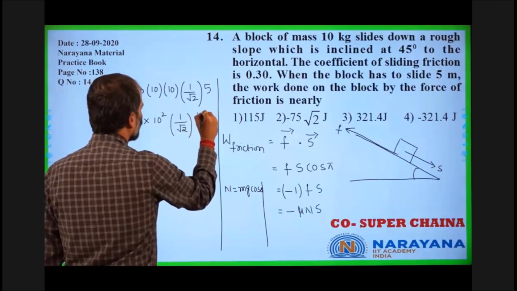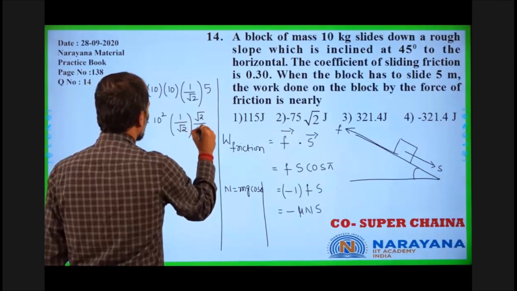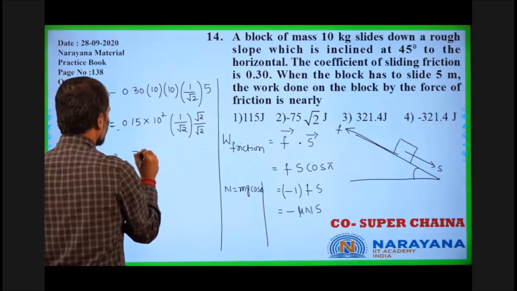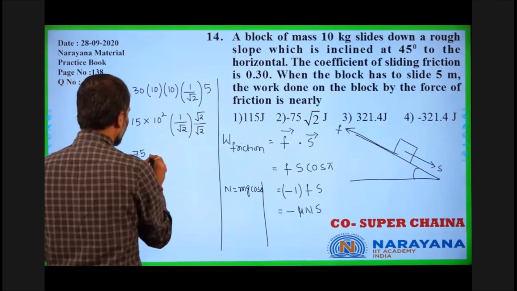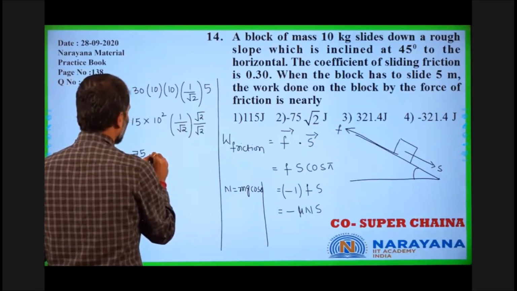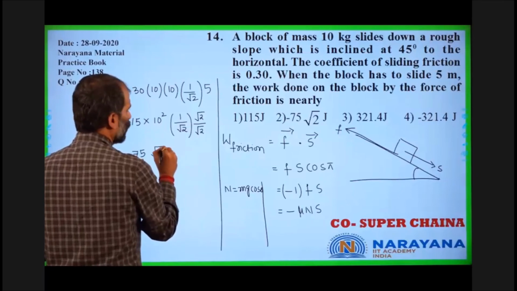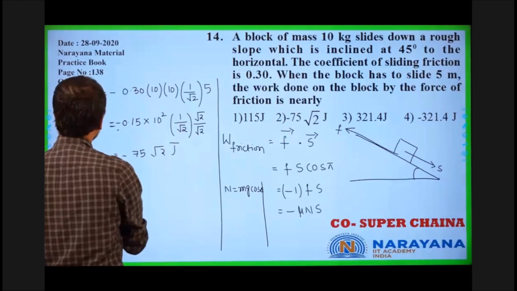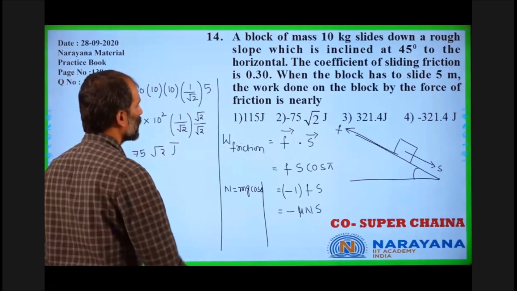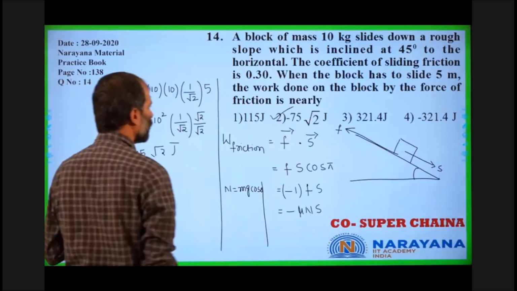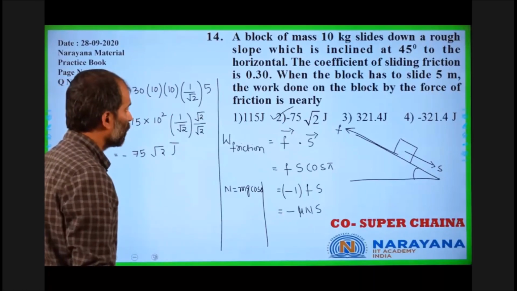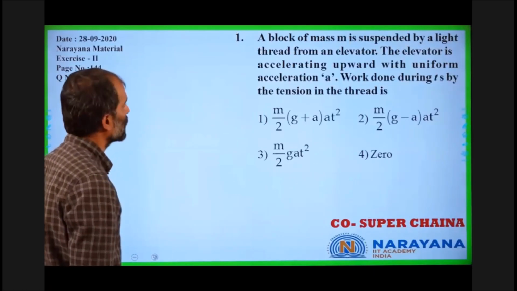Multiply this with root 2 and divide this with root 2, which is now equal to 75 into root 2 with a negative sign. So the work done by the friction is equal to minus 75 root 2, right? Hope everyone could follow this. Moving on to our next slide.